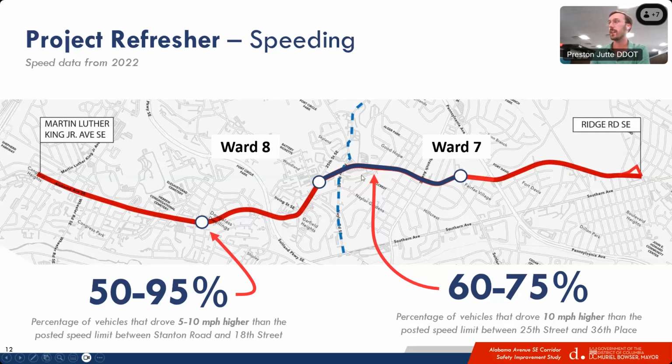And on this other segment, from 25th Street to 36th Place, 60 to 75% of vehicles that drove through that corridor were going 10 miles per hour higher than the posted speed limit when we collected data. So it's not just a feeling. We know from the data that we have really serious speeding concerns along the corridor as well, which are seriously contributing to those safety concerns.